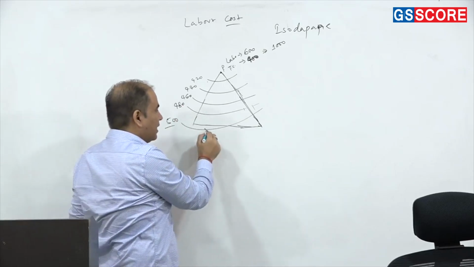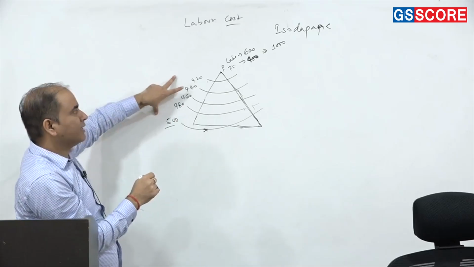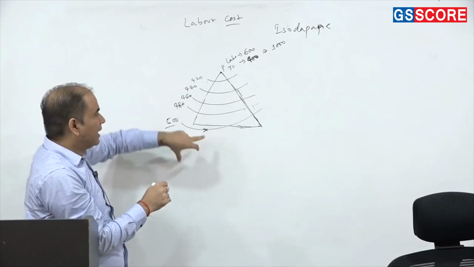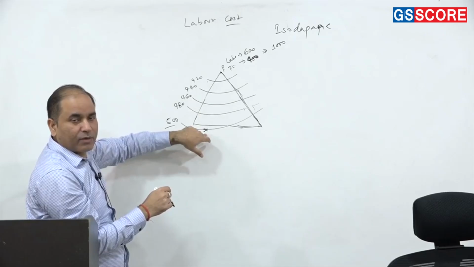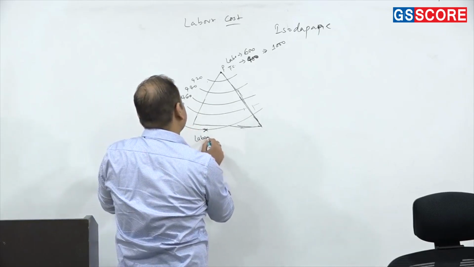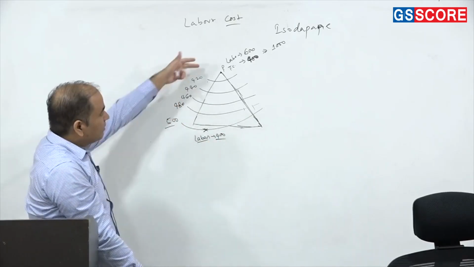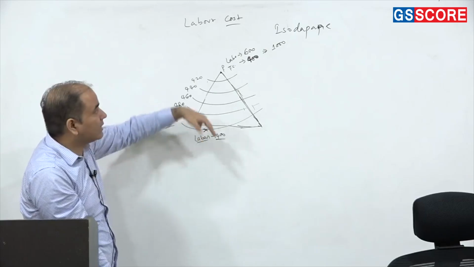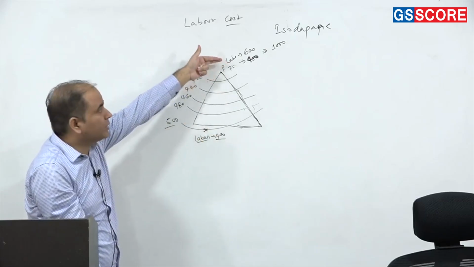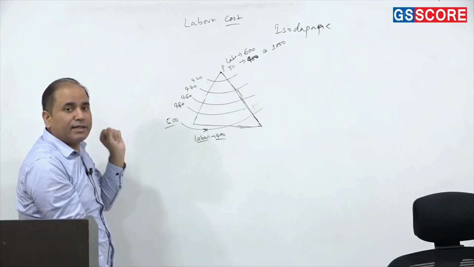Now this is the area where the transportation cost has increased 100 rupees. But at this particular location, the labor cost might have come down to 400 rupees, which is 200 rupees lesser than the labor cost prevalent at the original location.